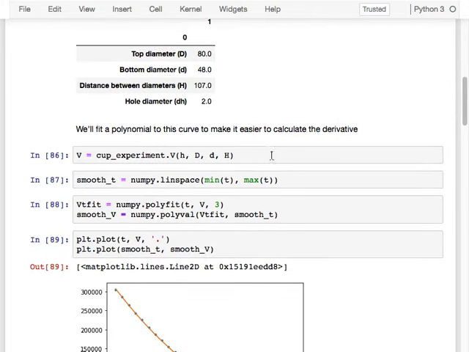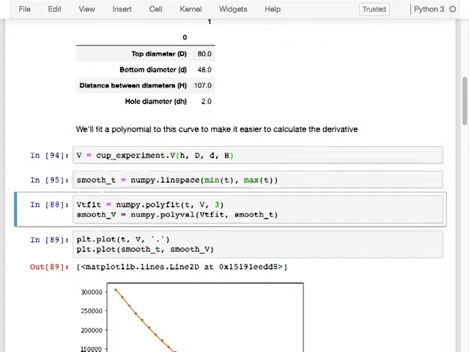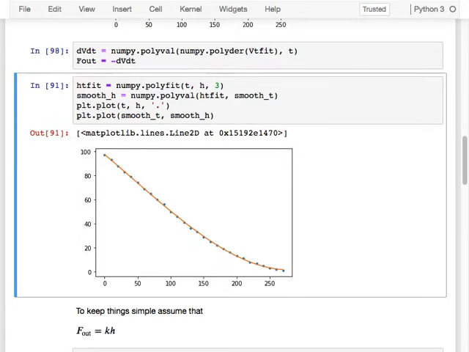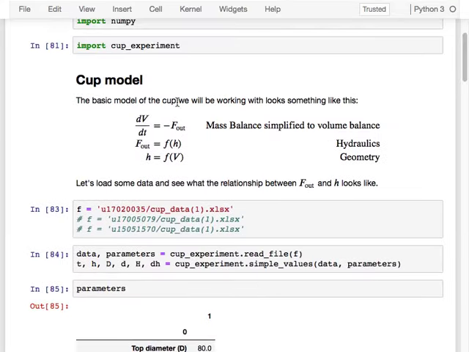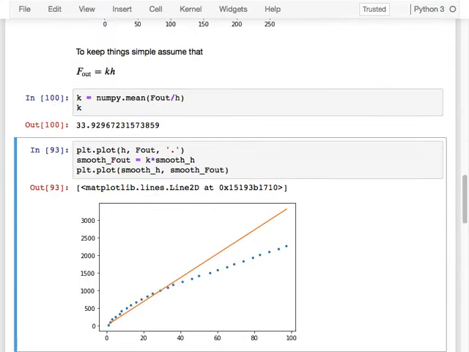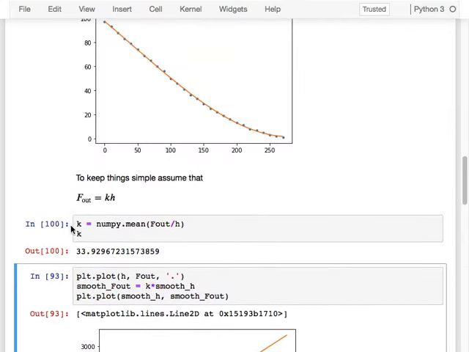I'm almost done. So you'll recall this notebook where we were plotting the volume and height of our cup experiment. So we're taking exactly this model. And in a previous version of this, we used this very simple way of approximating what the k value would be.